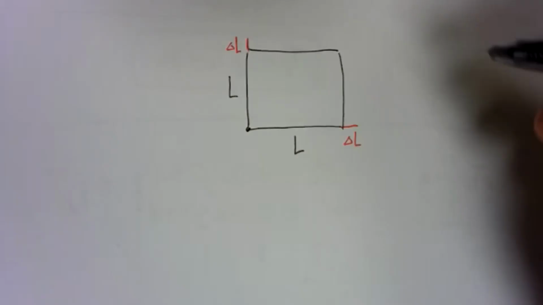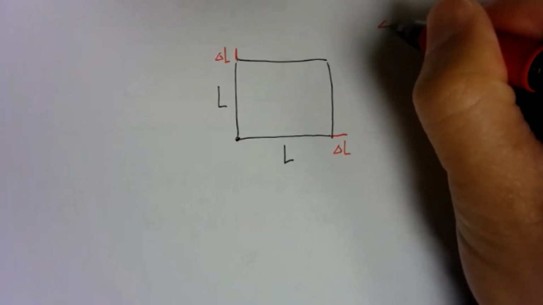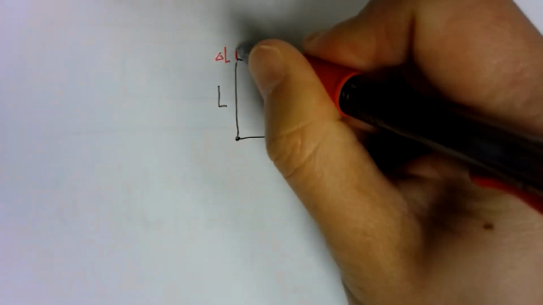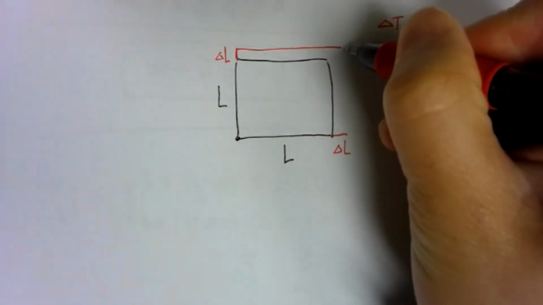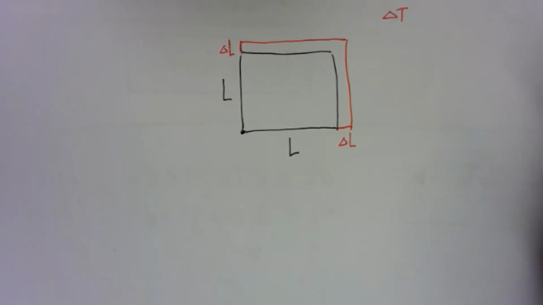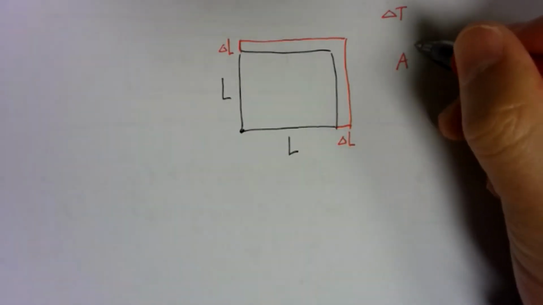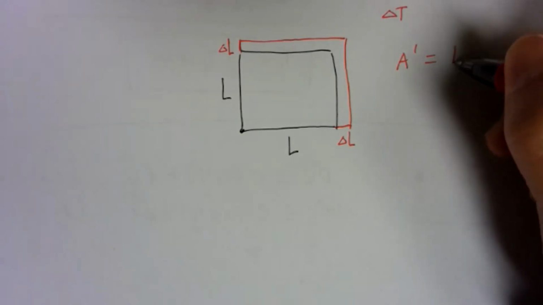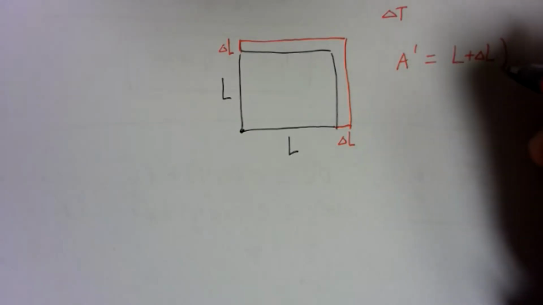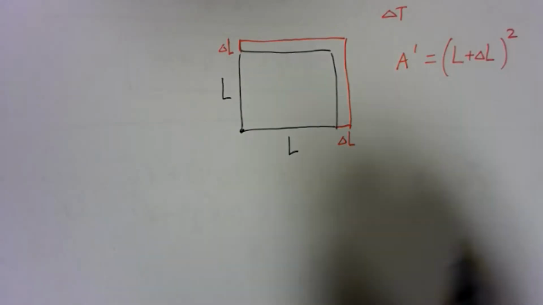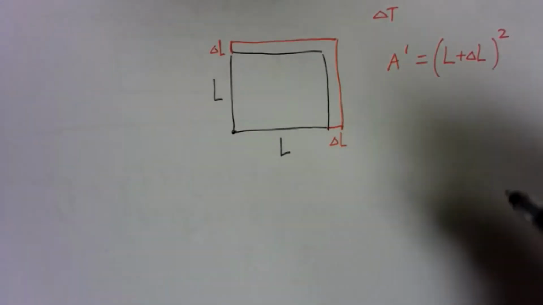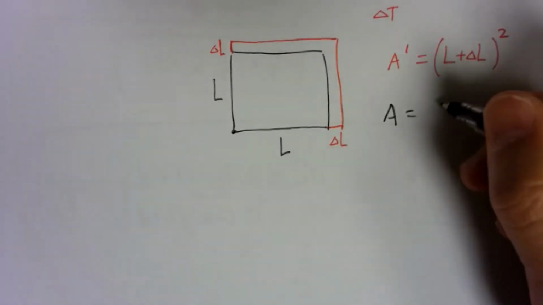After the temperature increase of delta T, this will be your new area. The new area, A prime, will be L plus delta L, squared. Your original area A will be just L squared.